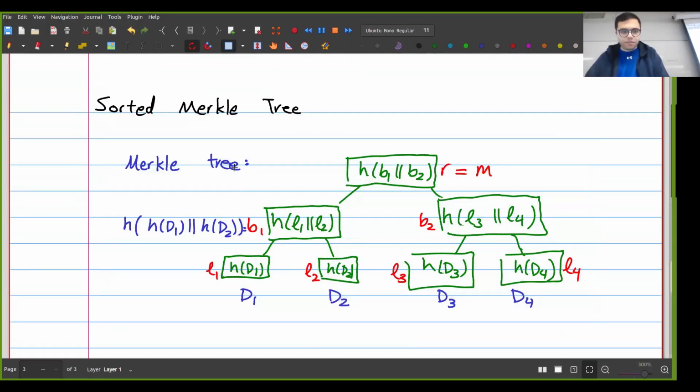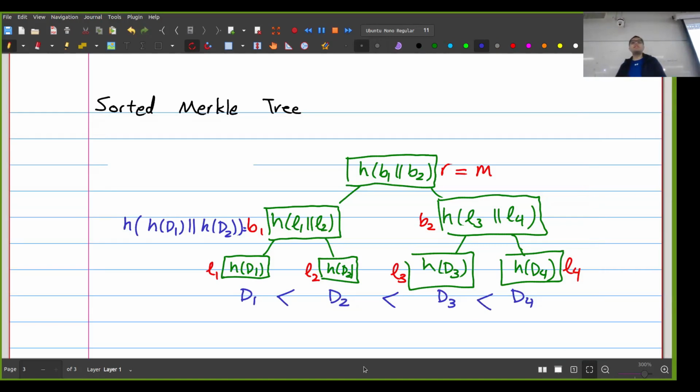Now it's going to be sorted. So it means that D1 is going to be less than D2, less than D3, less than D4. And in general, I can do this with n elements, of course.